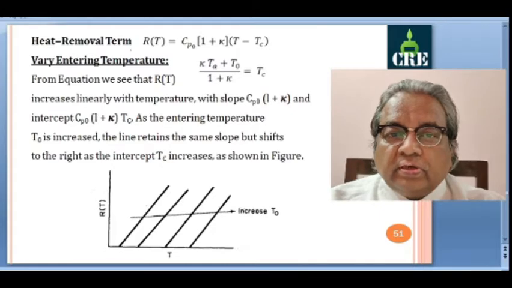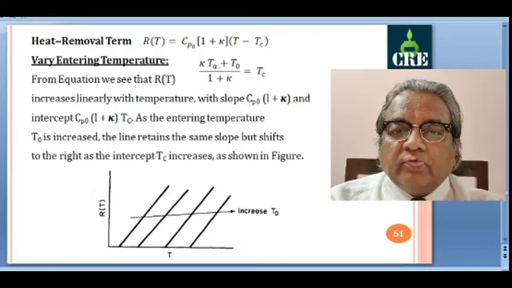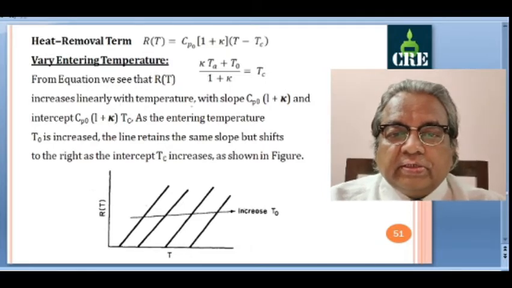So first we will consider the removal term. What is the removal term? Cp0 into bracket 1 plus kappa into bracket T minus Tc, where Tc is kappa into Ta plus T0 over 1 plus kappa. If we look at this equation, the removal term R of T increases linearly with temperature.